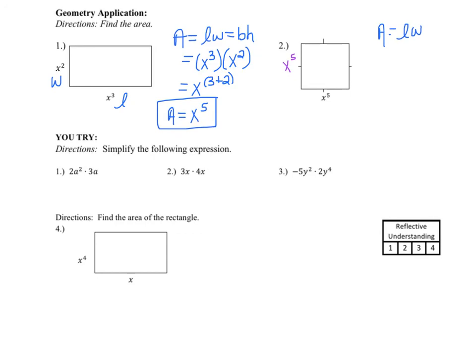We know the length here is x to the 5th, and the width is also x to the 5th. Our next step is to add your exponents. It's the same base, so we have x, and we add 5 plus 5. 5 plus 5 is 10. Therefore, the area is equal to x to the 10th power. And that is your answer.